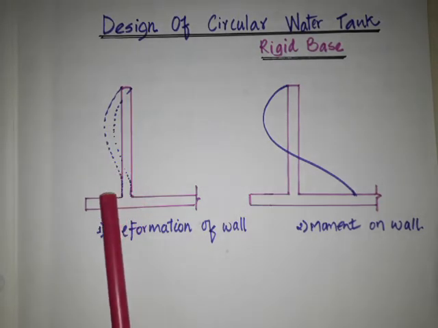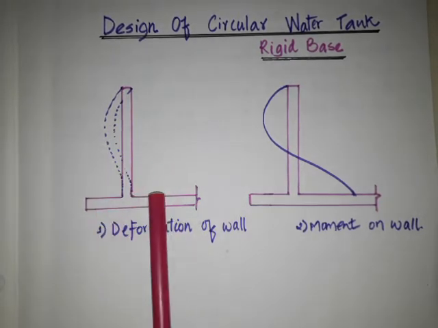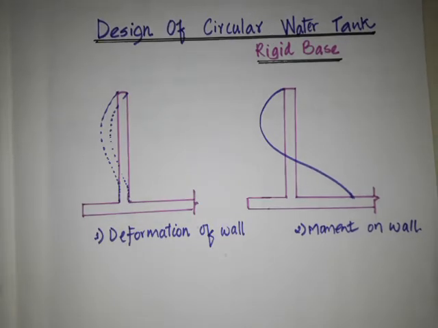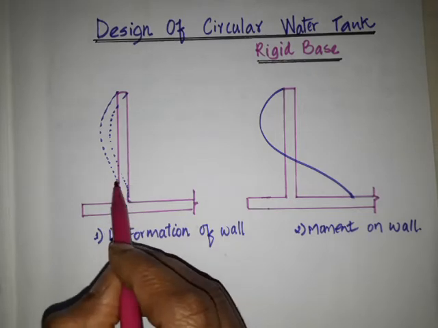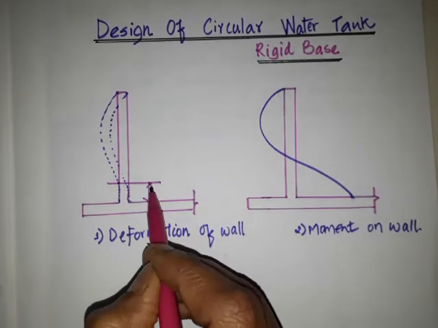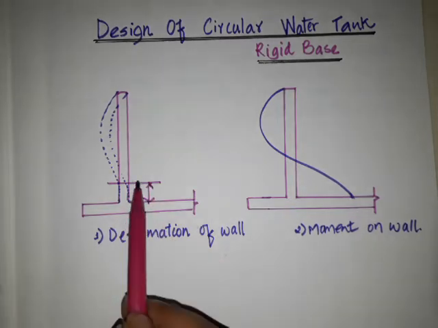If you see at a certain height from the junction, at this level, there is no deformation here; the deformation is zero.